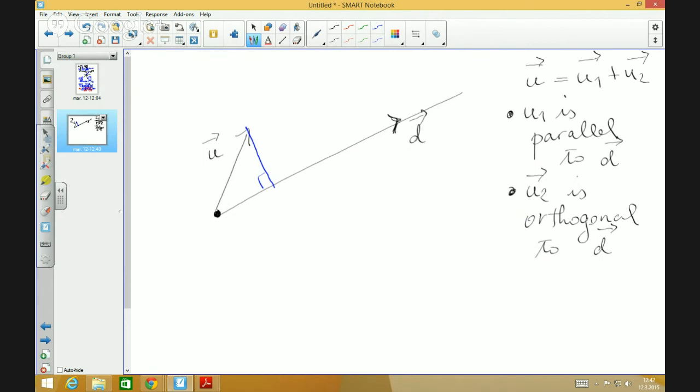So you basically start from the tail of the vector u, and you take your laser beam and you make it go down towards the line with direction vector d. When you hit the line, that's going to be the tip of the vector u1.